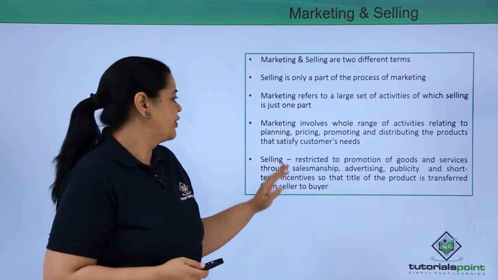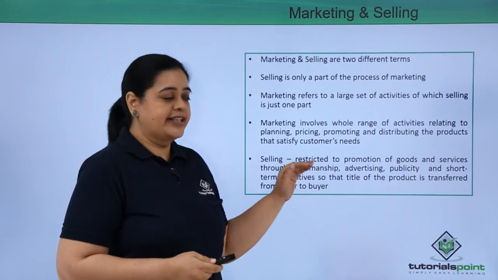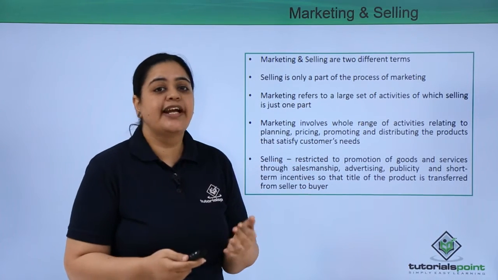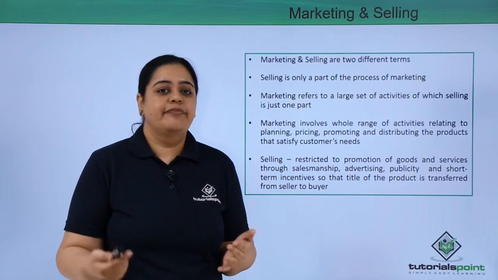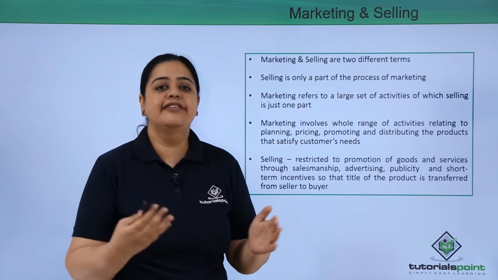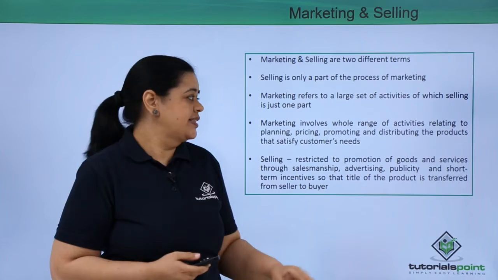Okay, so as I just told you, marketing involves whole range of activities relating to planning, pricing. So you will also decide what would be the price of the cell phone depending on the target market's capability to buy and what are the competitors selling the same cell phone or similar kind of product at what price.